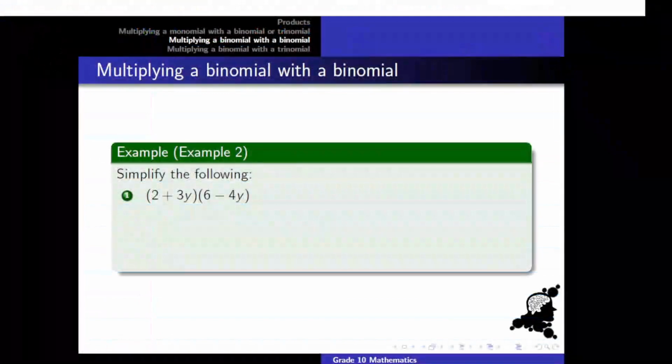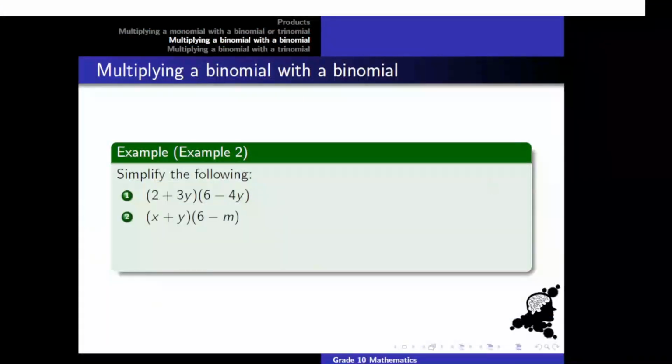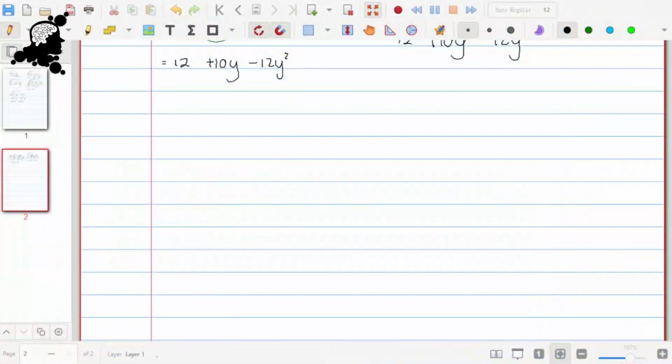Alright, let's move on and check what our next question is. x plus y, 6 minus m. So, we have got x plus y, 6 minus m. Using FOIL, we multiply the first terms. x times 6, this is 6x.